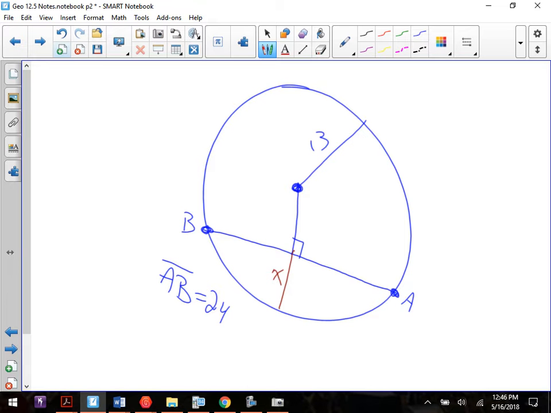The Pythagorean theorem. But in order to do the Pythagorean theorem, you had to do a couple of steps to set it up first. What was one of the things you had to do first? Rewrite the radius, okay.